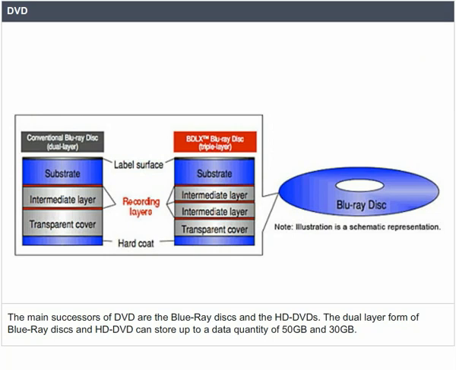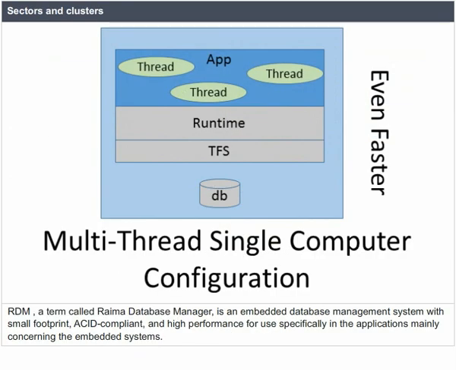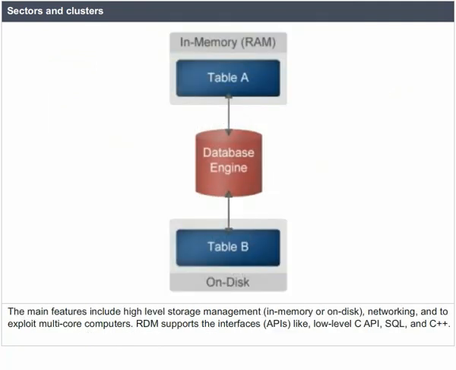RDM. Raima Database Manager is an embedded database management system with small footprint, ACID compliant, and high performance for use specifically in applications mainly concerning embedded systems. The main features include high-level storage management, in-memory or on-disk, networking, and exploitation of multi-core computers.